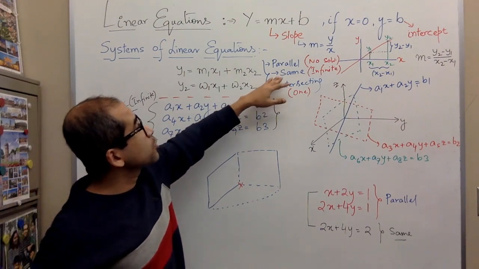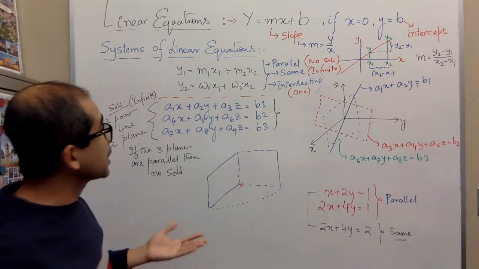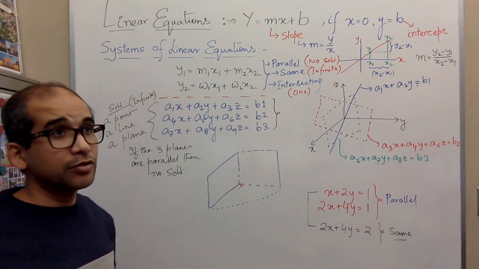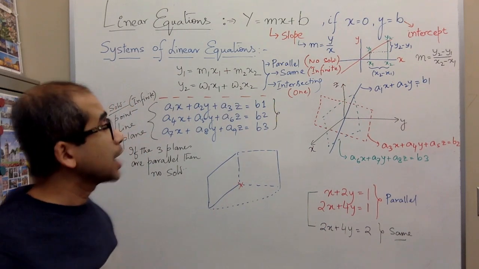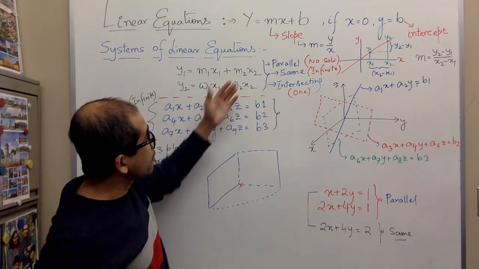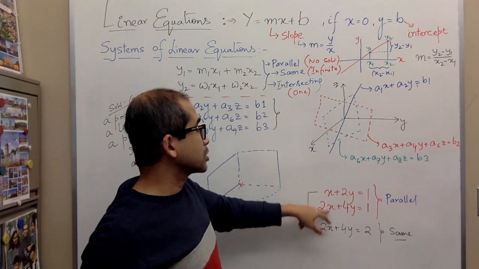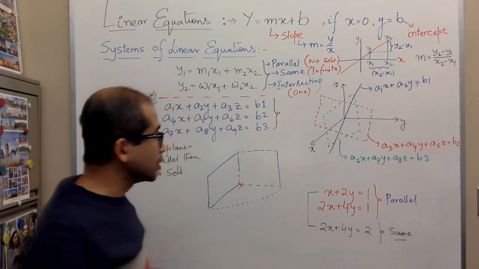But another case is possible where they are representing the same equation, the same line. In that case, there can be infinite solutions. That means for different values of x, there will be a corresponding value of y, and in that way there can be infinite solutions. I've given some examples of parallel lines, like these two red ones, x plus 2y equal to 1 and 2x plus 4y equal to 1.